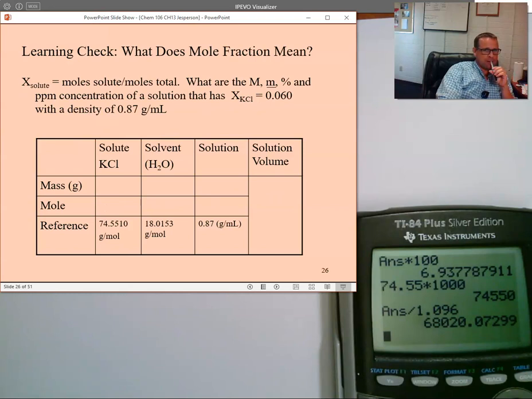Okay, here we are. We've been given a mole fraction of 0.06. Can we identify the molarity, molality, mass percent, and parts per million from a mole fraction of 0.06? All right, Robert, what are the parameters here in this box when we're told that we have 0.06 as a mole fraction?